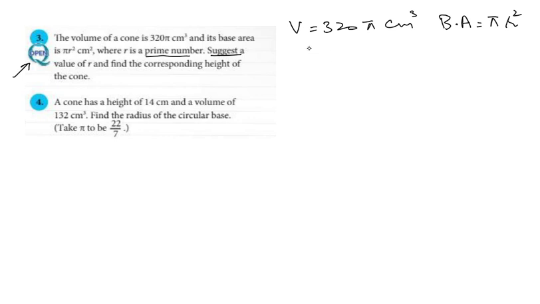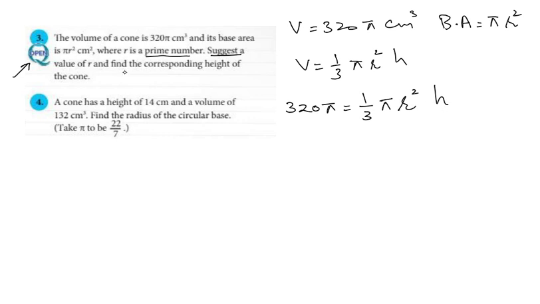Before starting this question, just formulate an equation. Volume is equal to 1 over 3 pi r squared h, and volume was given to be equal to 320 pi, which is equal to 1 over 3 pi r squared h as it is, as we do not have any value for r and h.